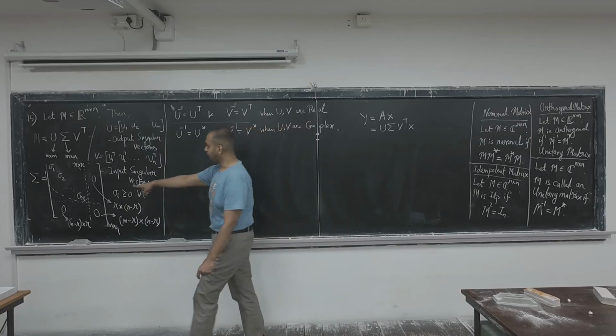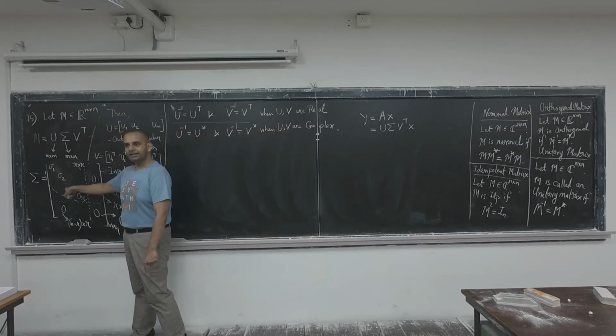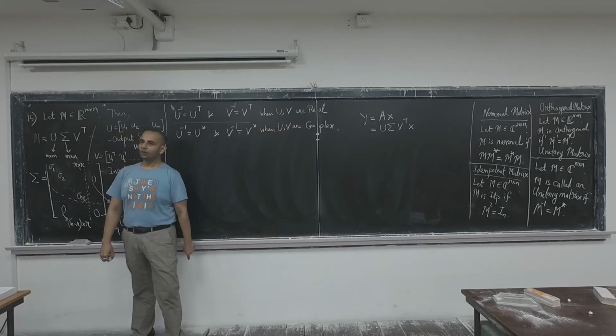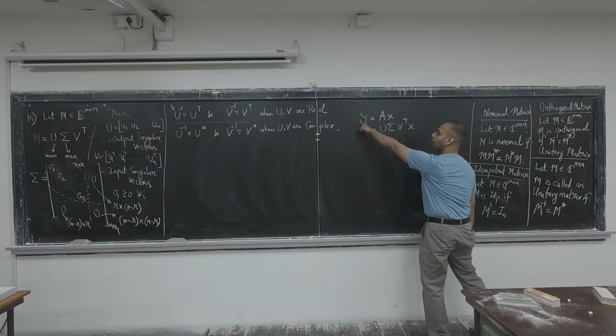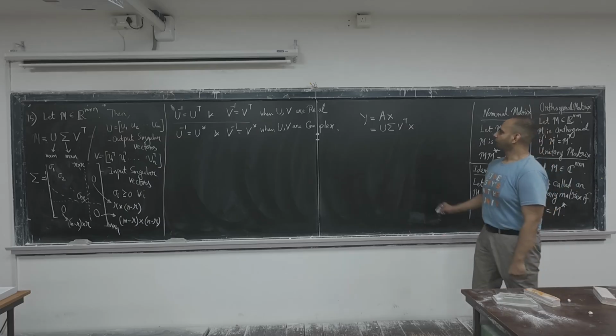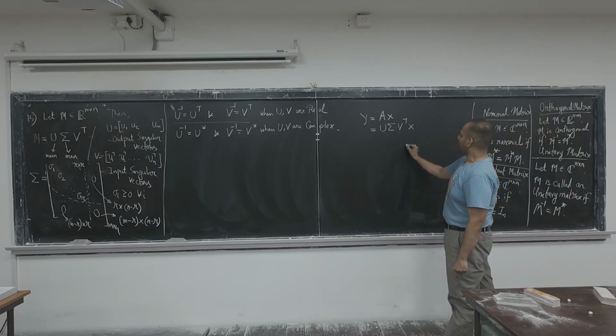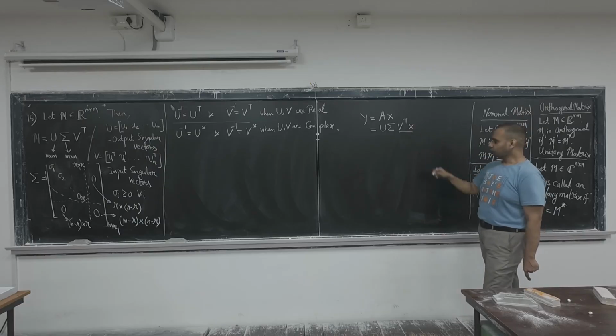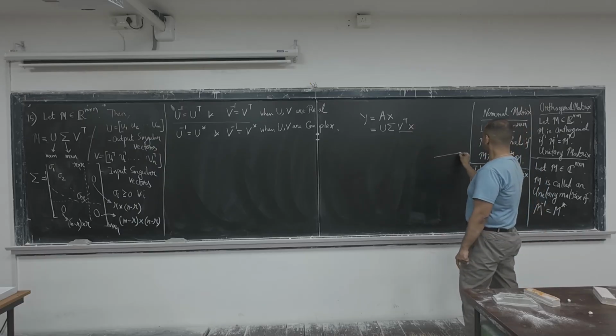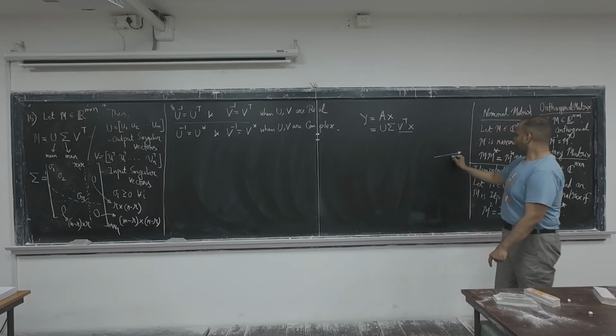If you see this structure, this part is entirely diagonal, and the remaining entries are all zero, right? Now, if you see how the output vector is getting produced, V transpose is a matrix which is operating on the vector x. So suppose that x is something like this. This is x.